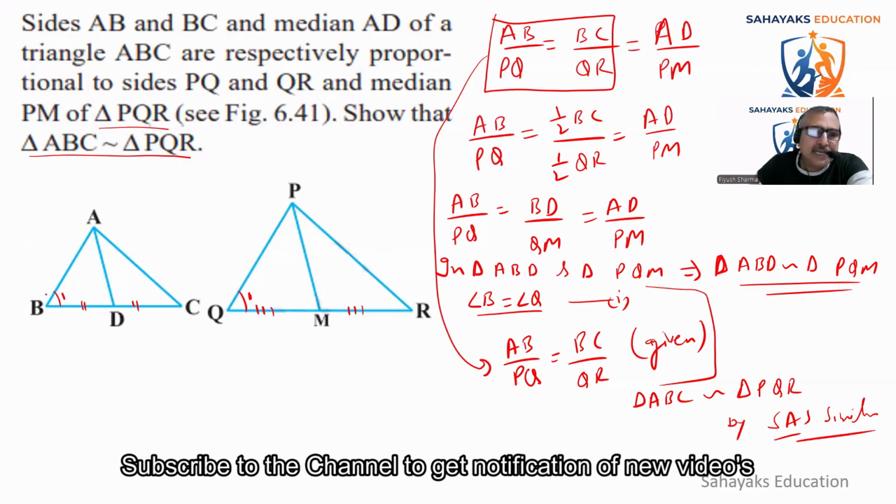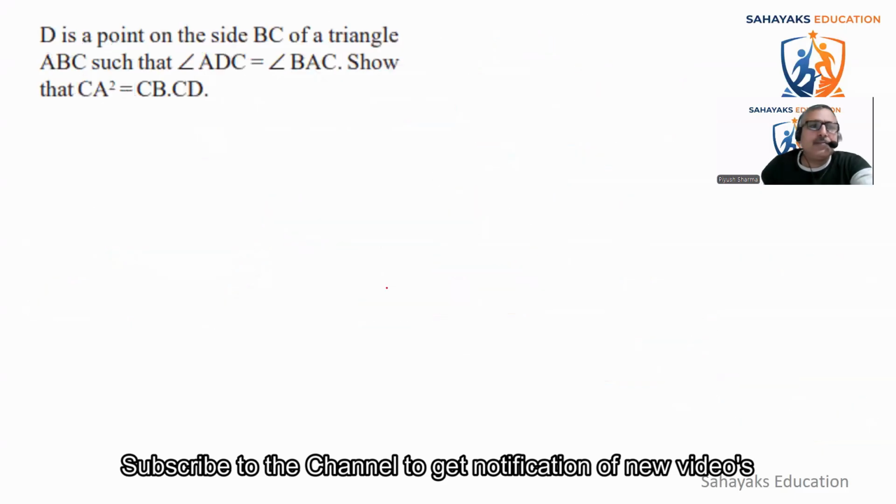Because AB side is proportional to PQ side, BC side is proportional to QR side, and the angle between these two sides is exactly the same. So by SAS similarity, these two triangles are similar.